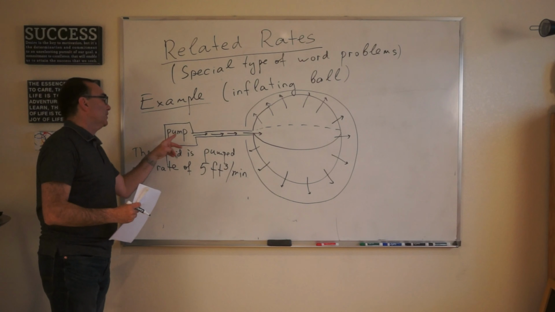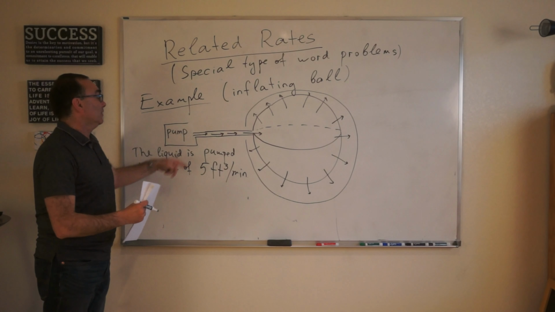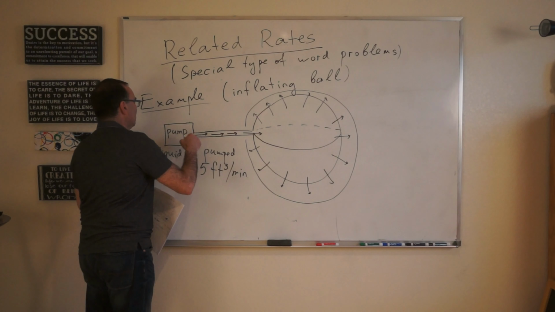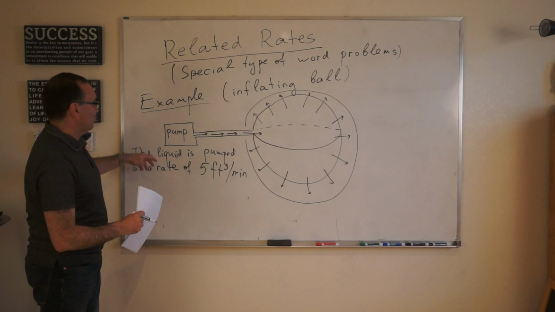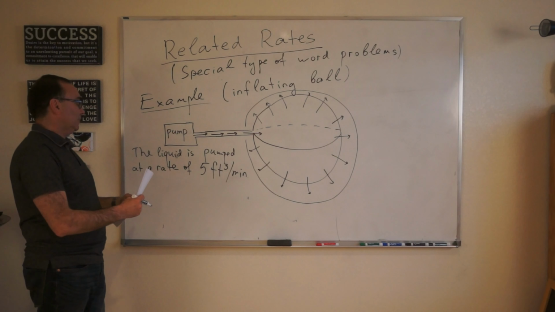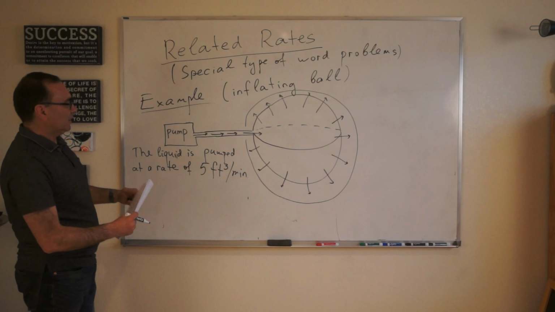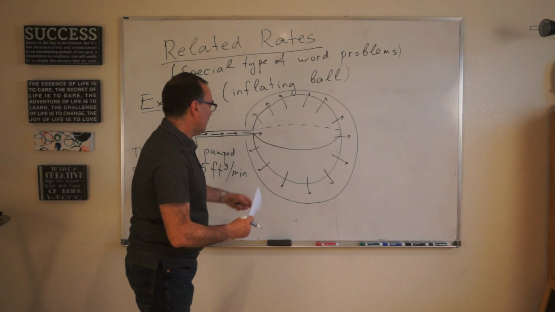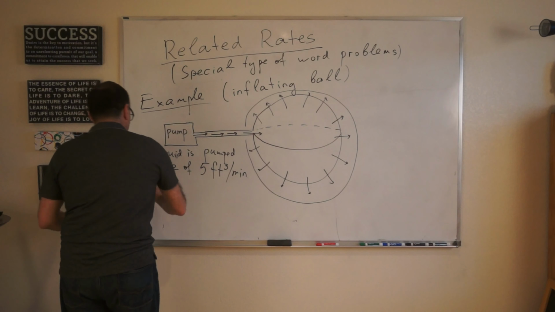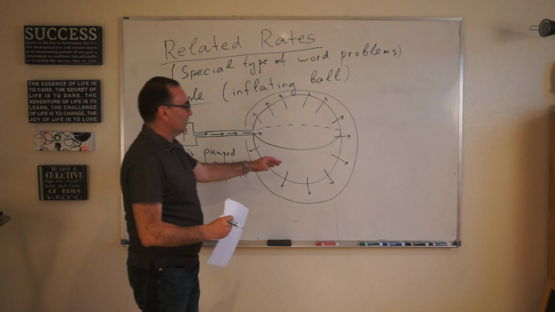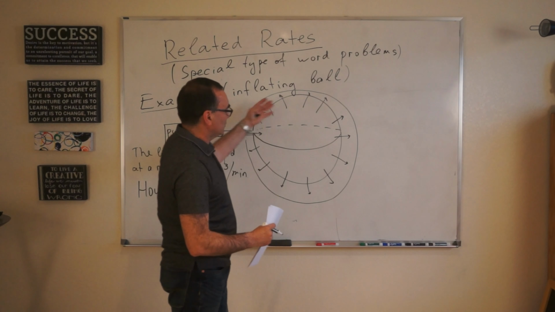Typically, when you have a pump, it's just written on the pump how much of the liquid it can pump in. So it's given 5 cubic feet per minute. And the question is now, how fast does the radius of this ball increase? Because the ball is inflating, therefore the radius is increasing.